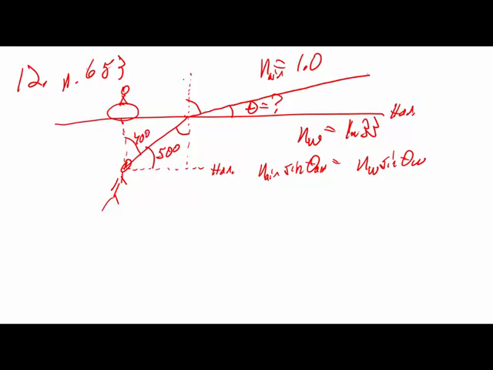We've got to find these other angles, don't we? Well, we know this angle right here is 40 degrees, don't we? We know this angle, but we don't know what this angle is, do we? No, we don't. And if we don't know this angle, we don't know this angle. Once we find this angle, we can find that angle. Now remember, Snell's law deals with angles with respect to the normal. Please remember that. It's the angles with respect to the normal.